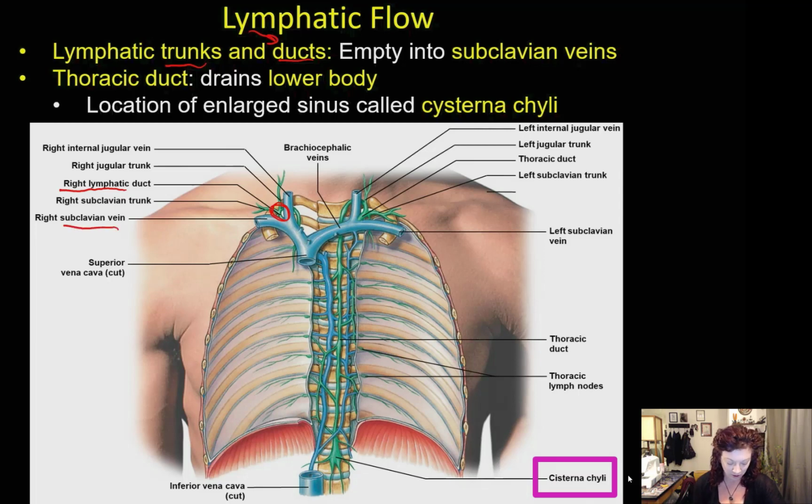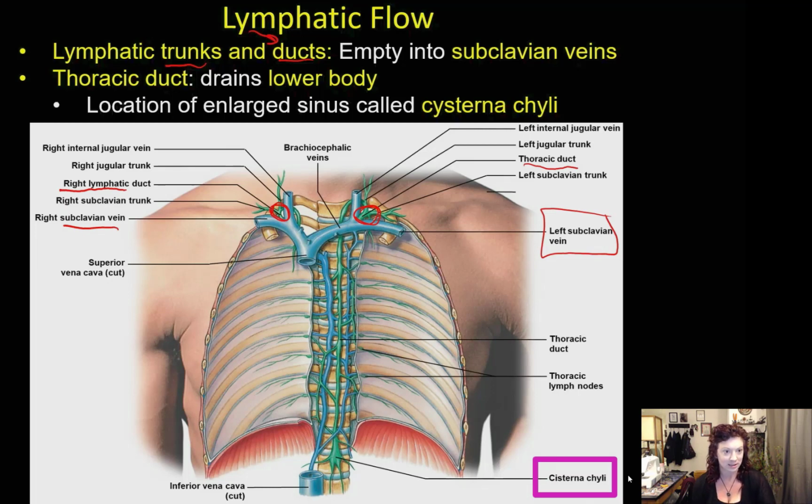The bigger of the 2 is called the thoracic duct. It's right here underneath your left subclavian vein. Now remember, these ducts are going to empty straight into the subclavian veins, so the locations make sense.